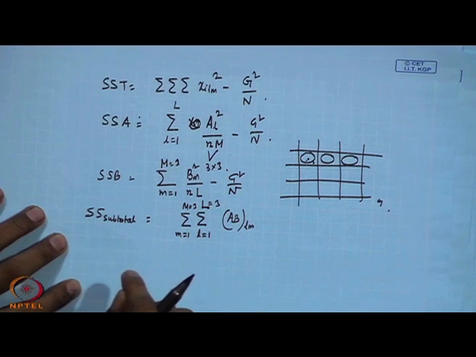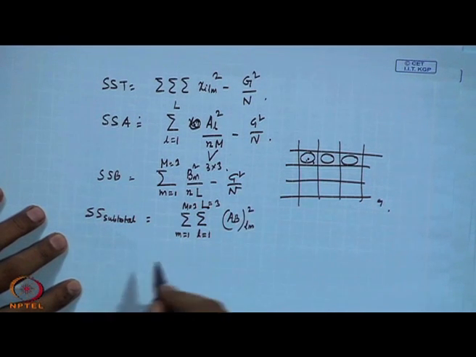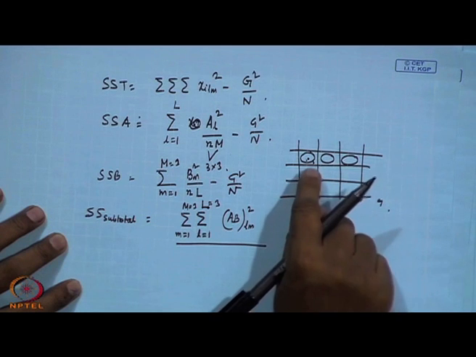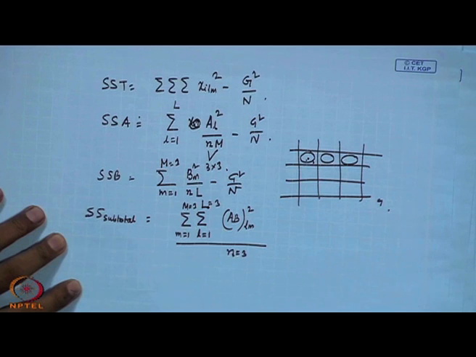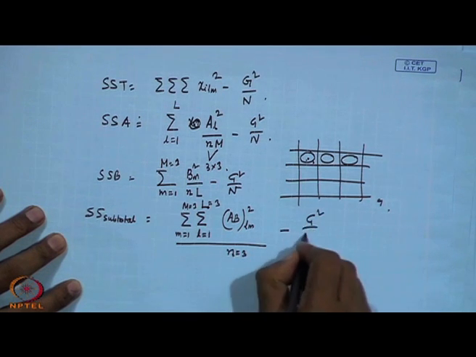You have seen earlier this name. So, this squared, which is basically the addition of 3 values, divided by n equal to 3, minus G squared by N.